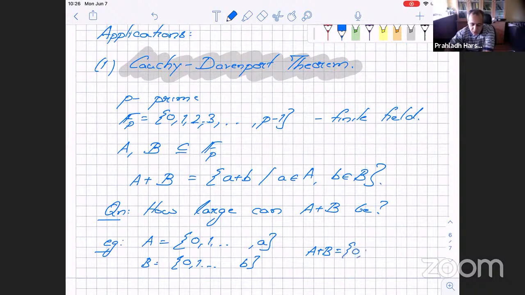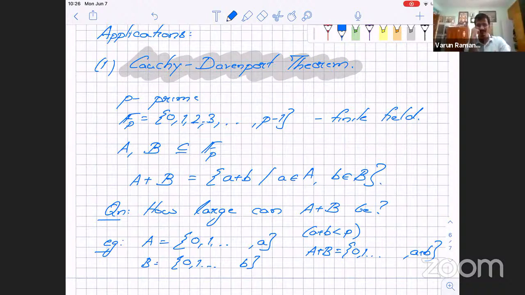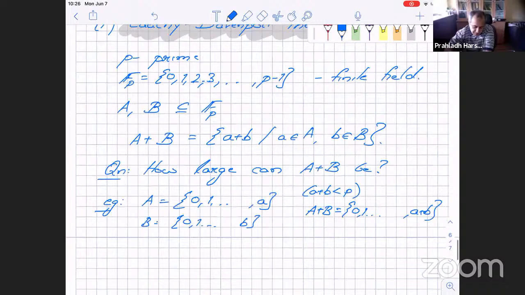This is certainly 0, 1, 2, 3 all the way up to a plus b. That's all you can get. Let's assume a plus b is less than P, so there's no overlap happening. How large is this compared to A and B? This has a plus b plus 1 elements. So notice in this particular setting, A plus B is of size |A| plus |B| minus 1.